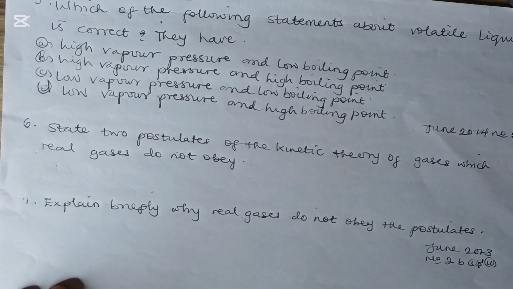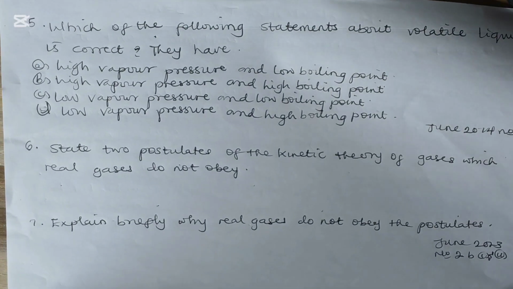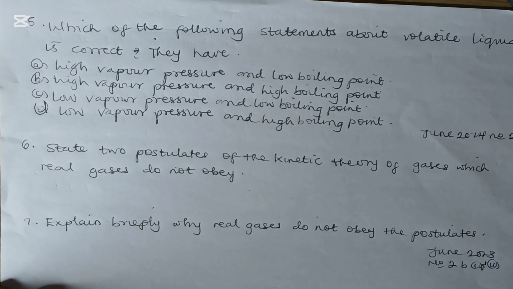Then number 5 question here, which of the following statements about volatile liquid is true or is correct? Volatile liquids are liquids that evaporate or escape into the atmosphere. They vaporize easily. I'm going to give you some instances. Assuming you have petrol, you have oil, you have kerosene, which one is more volatile? Petrol is more volatile.